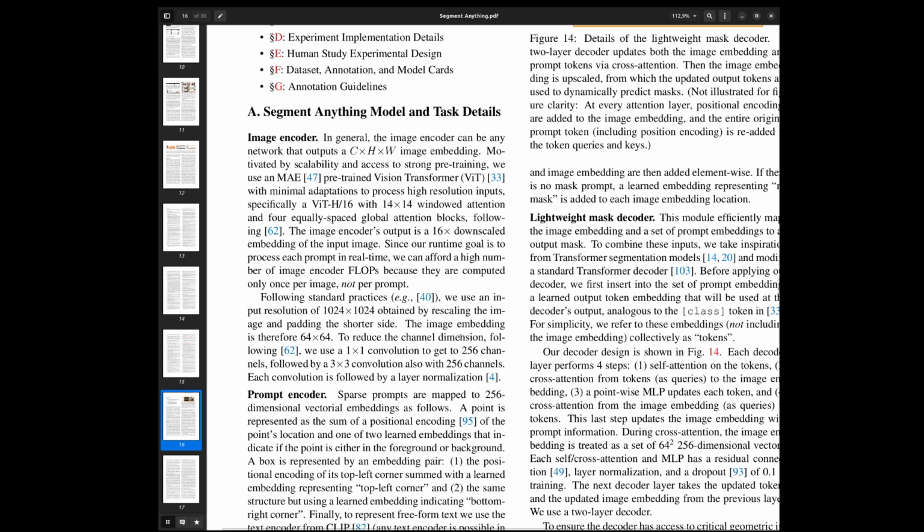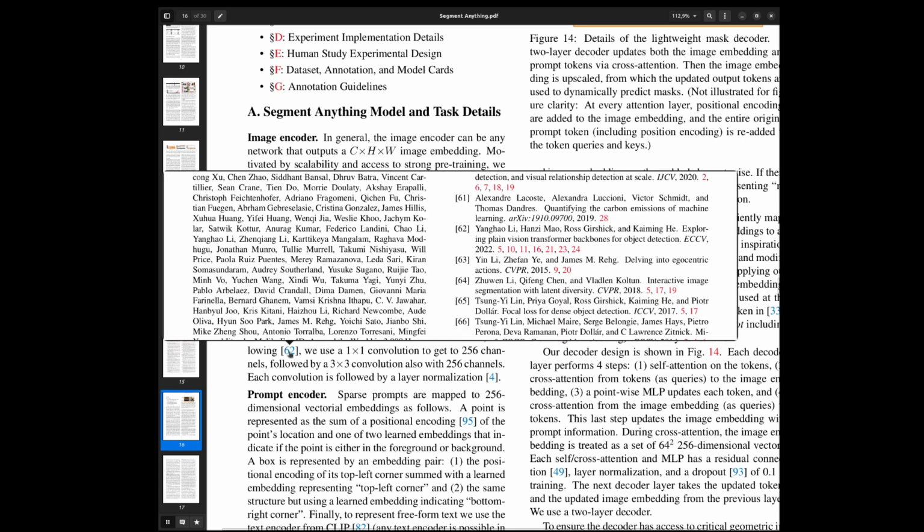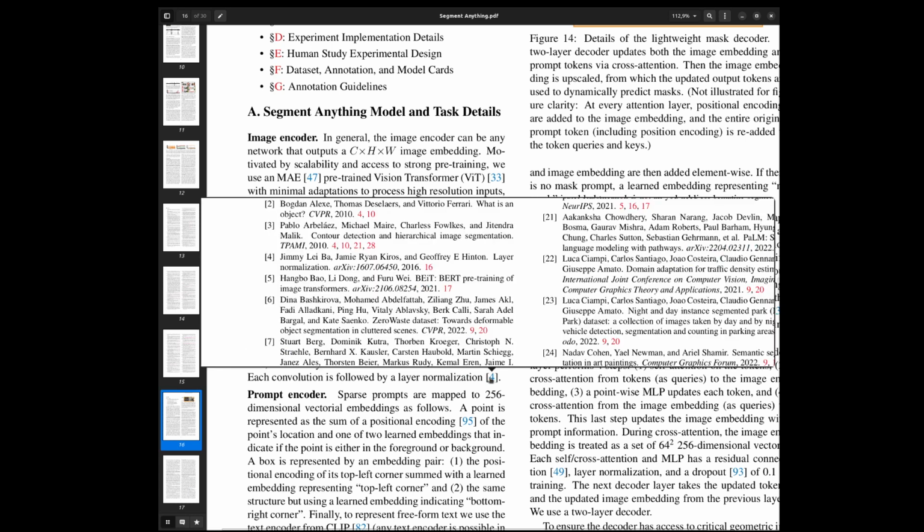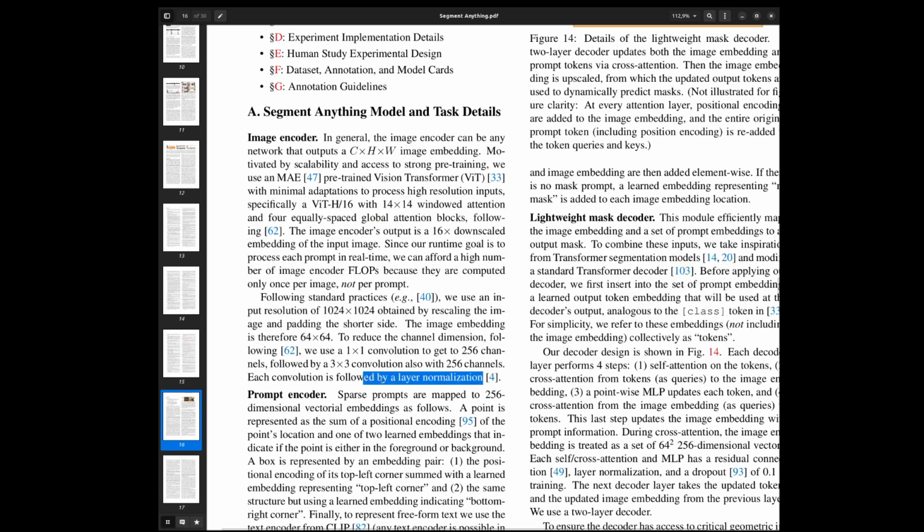To reduce the channel dimension, we use a 1x1 convolution to get 256 channels, followed by a 3x3 convolution to also get 256 channels. Each convolution is followed by a layer normalization, and it's pretty interesting that they are not using batch norm.